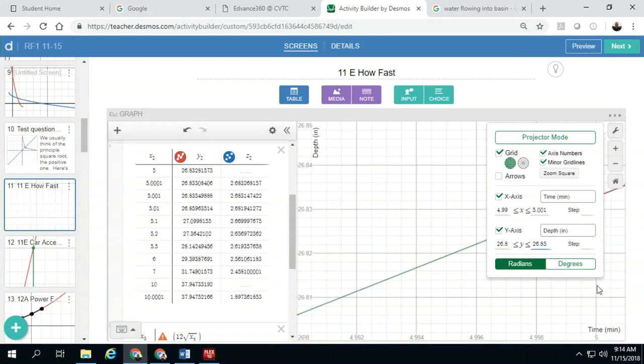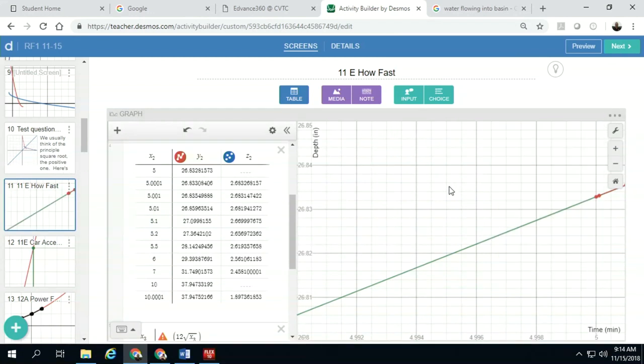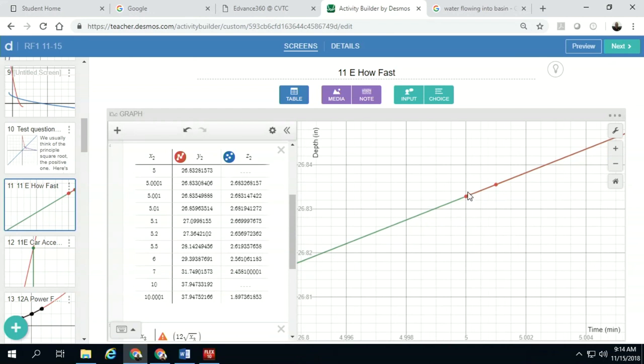I want to show that as I zoom in farther and farther, so here's my 0.5. Ooh, I didn't zoom in very far, did I? Here's my 0.5. And this 5.0001 is so close to it, it's almost the exact same point.